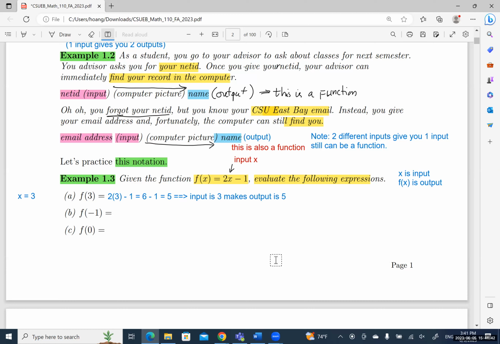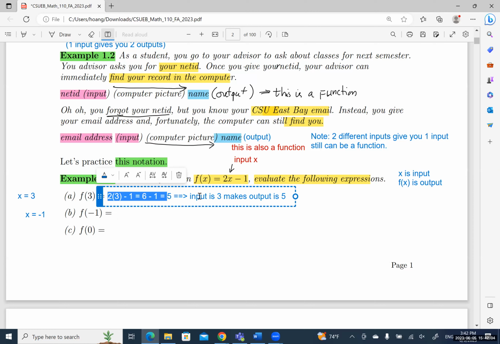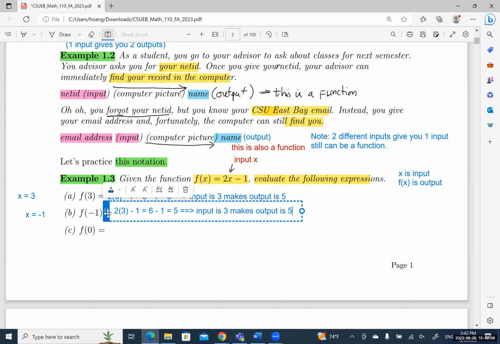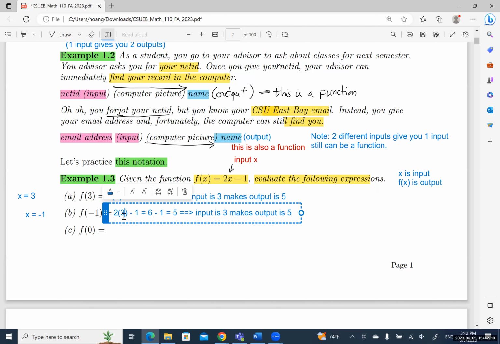All right. So now, part B is similar, but we just change the input to be -1, right? So the input now is -1. What I do is just change the input to be -1, and do the operation.